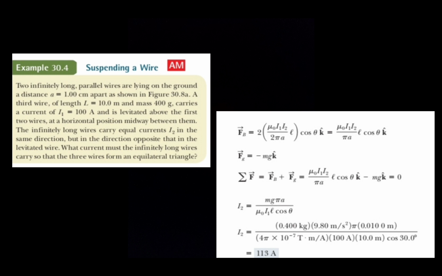So I sub 2 is equal to 0.400 kilogram times 9.80 meters per second squared times pi times 0.10 meter over 4 pi times 10 to the power of negative 7 tesla meter per ampere times 10 ampere times 10 meter times cos 30 degrees, which is equal to 113 amperes.